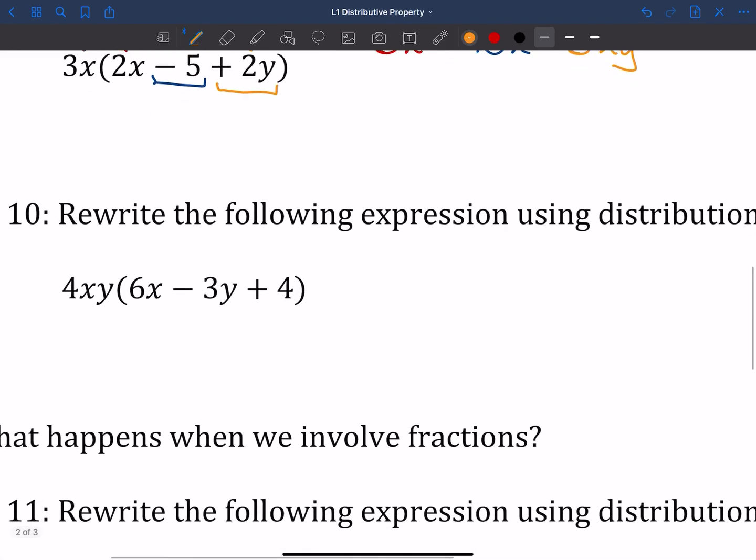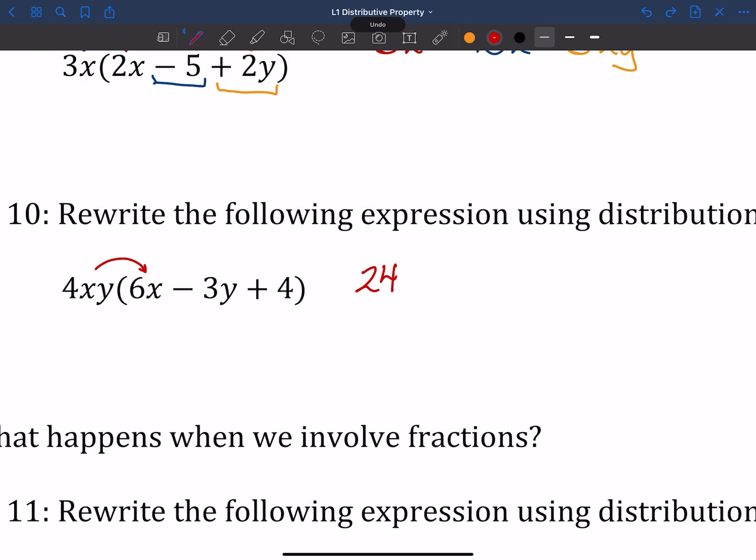Oh, dearie me. This one looks pretty awful. Let's talk it through. We've got 4xy times 6x. So 4 times 6, easy peasy, 24. And then there's a whole lot going on with these variables. We have an x and a y on the outside, and then just an x on the inside. So again, take it one thing at a time.